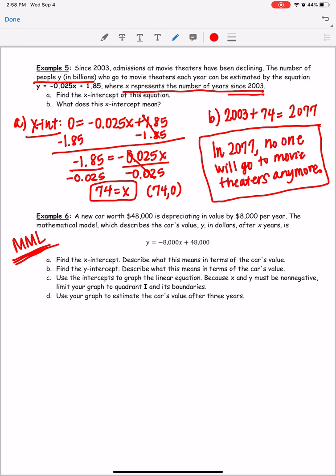The mathematical model, which describes the car's value y, in dollars, let's say y is in dollars, after x years is this equation here. So we have a part A through D. A says to find the x-intercept, describe what that means. So, to find the x-intercept, it means you're plugging in a 0 for y.